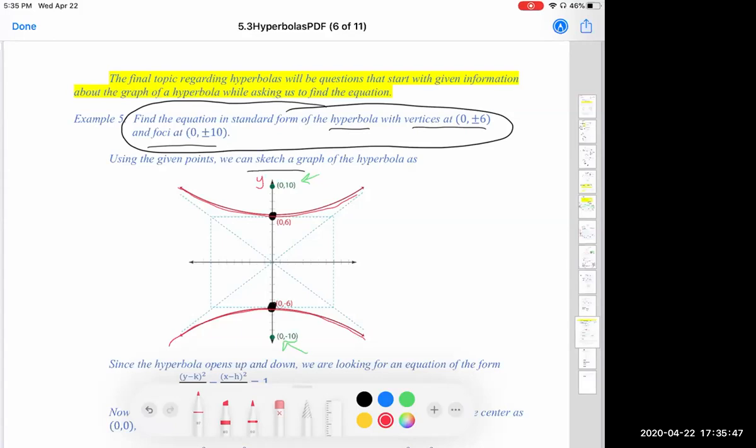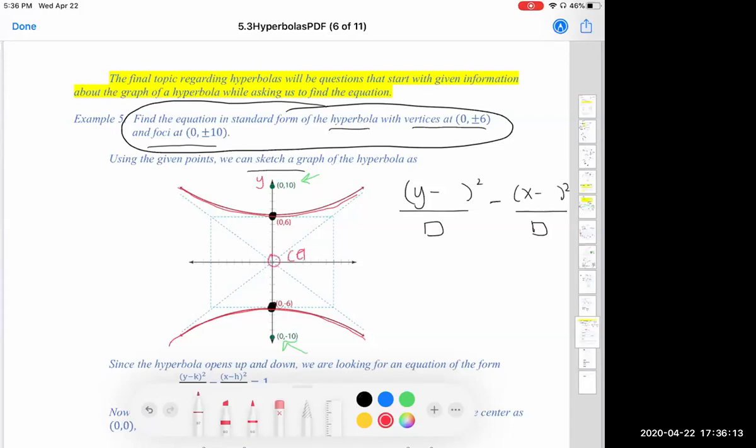Okay, in order to graph this or to find the formula, it starts with a y, it would be y with some center squared minus x minus my h squared. I need to find what these numbers are. So I need to find the center. I write it in red because I don't know.